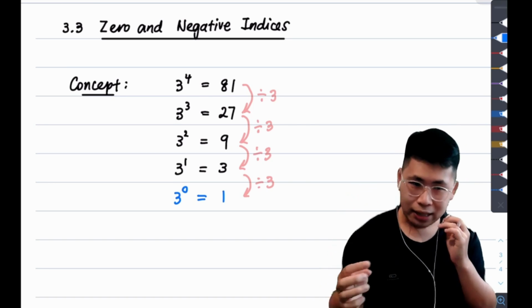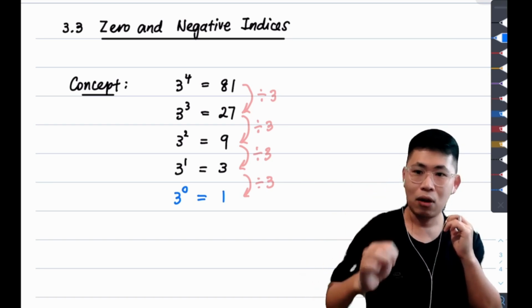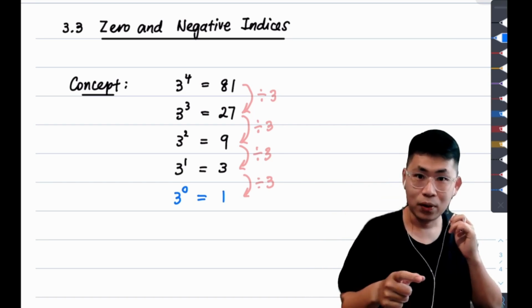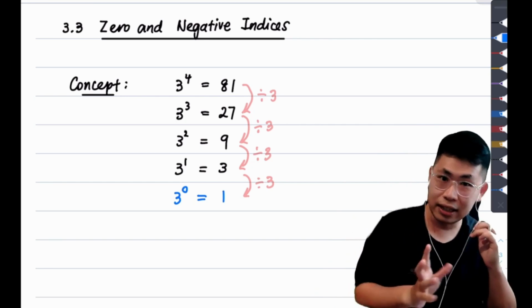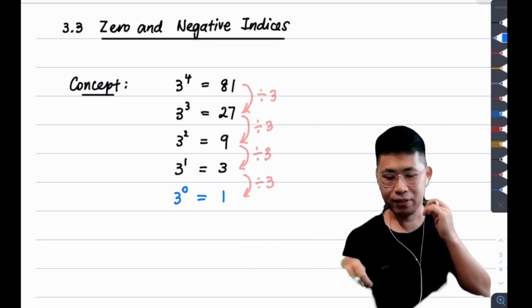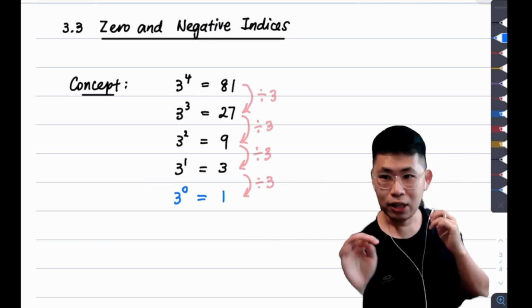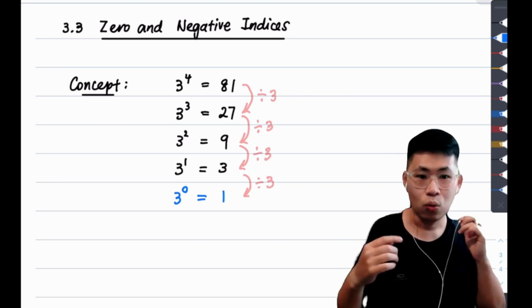In fact, if you try this with any other number, any number to the power of 0 is 1, except for 0. 0 to the power of 0 is an indeterminate thing, so this one is a long story for another day. For now, any non-zero number to the power of 0 will be equal to 1.